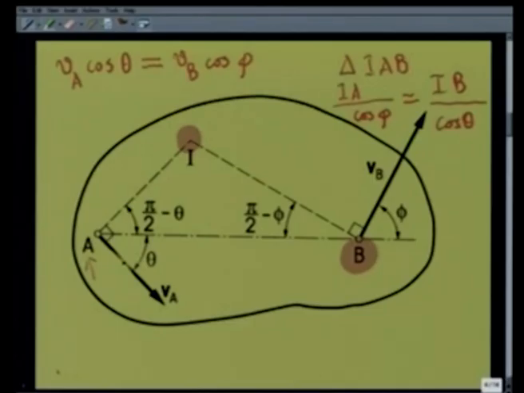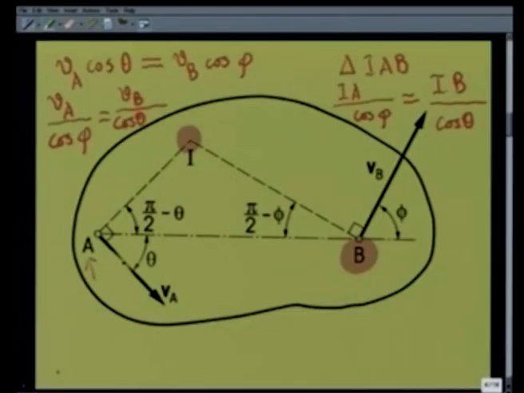So, we get from this equation Va divided by cos phi is the same as Vb divided by cos theta.